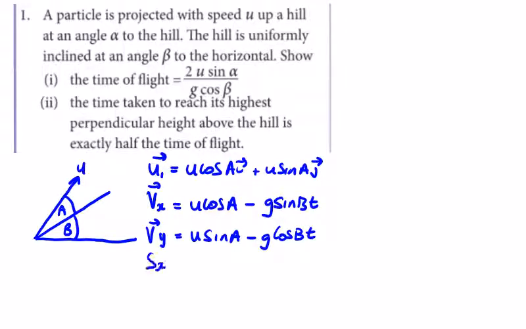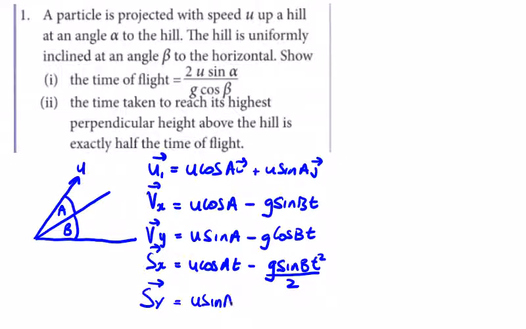And the displacement s of x, connected to u of x, v of x, is going to be u cos alpha times t, minus a half a, which is g sine beta times t squared over 2. And the displacement in the y direction is going to be u sine alpha times t minus g cos beta times t squared over 2.